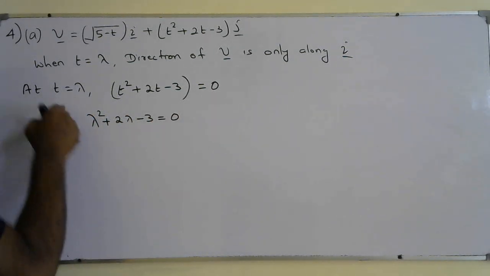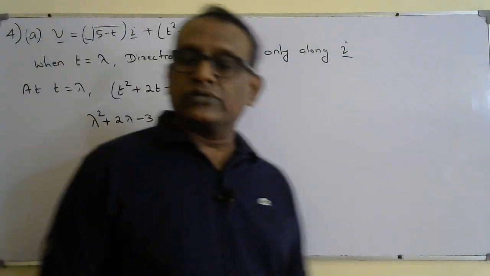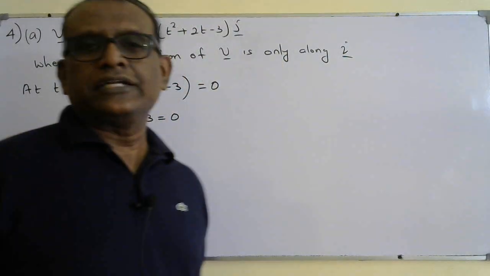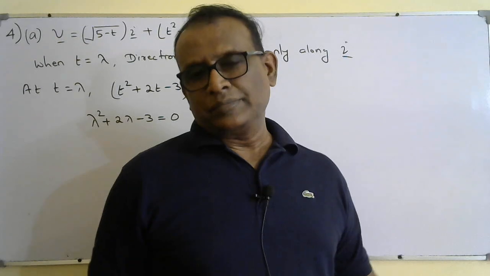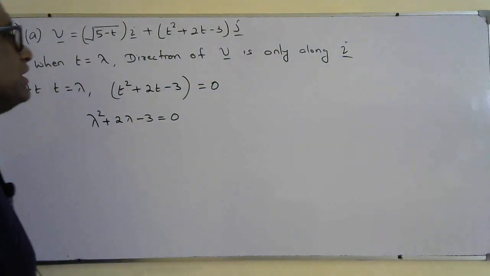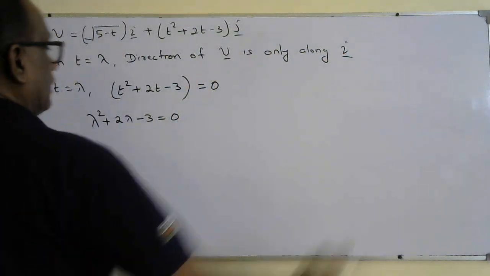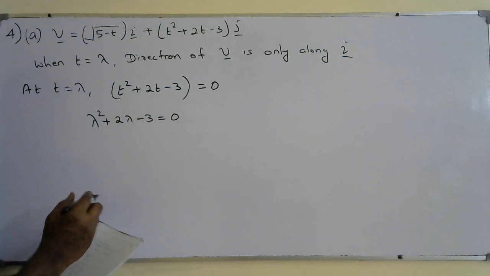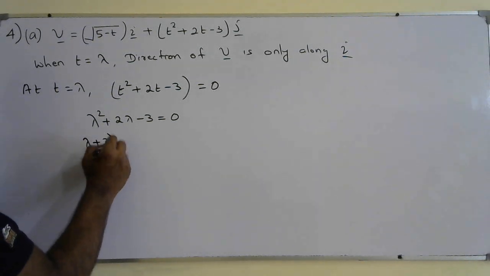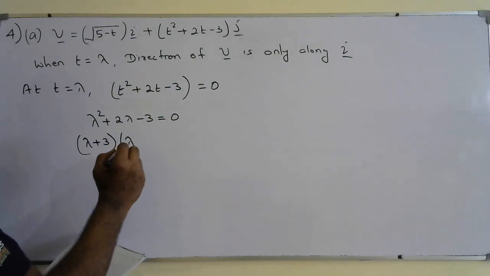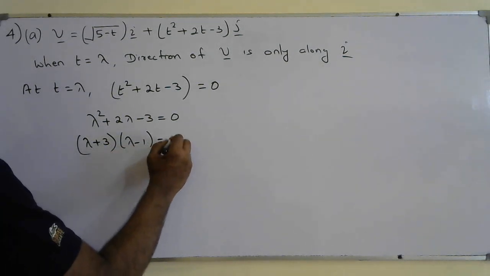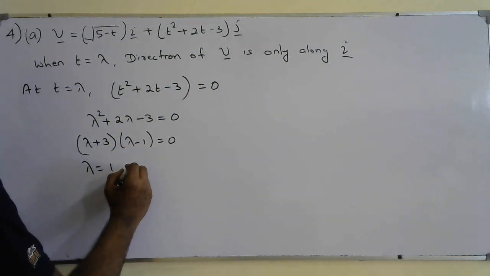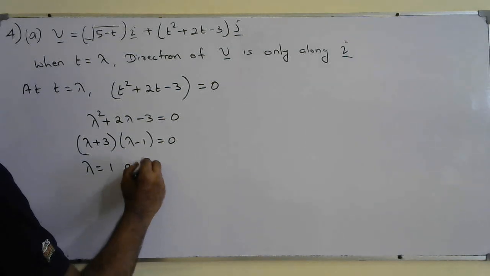Only during that time it has no j component, so that should become 0. I don't need to go to tan theta format. Simply, I can say that component equals 0 because it's only parallel to i. So factorize it. This is lambda plus 3 into lambda minus 1 equals 0. So lambda equals 1 and minus 3.